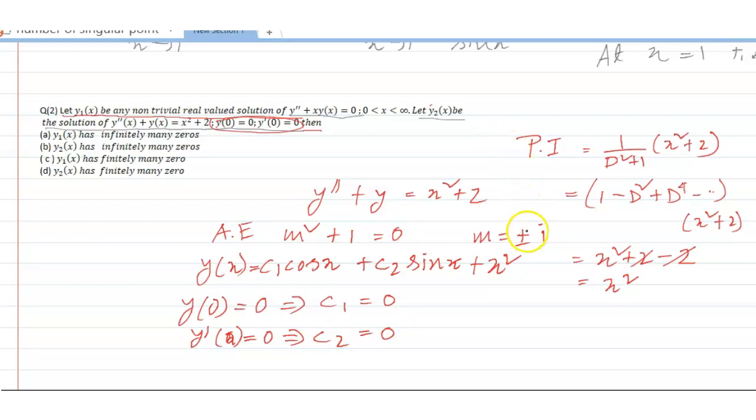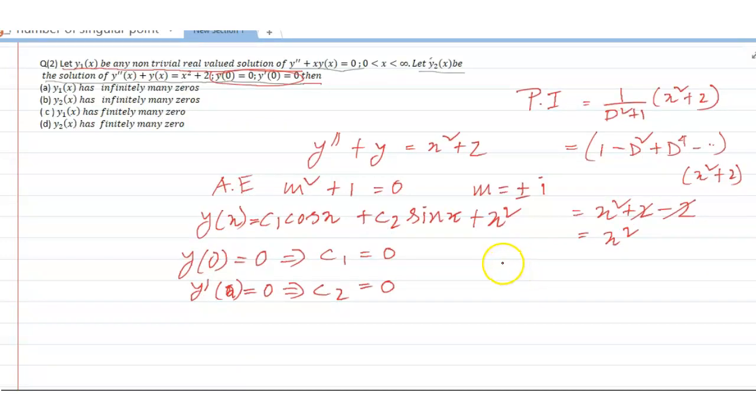So my value y2(x) equals to x square. Very simple, friends. And y2(x) has, at x equals to 0, order 2.